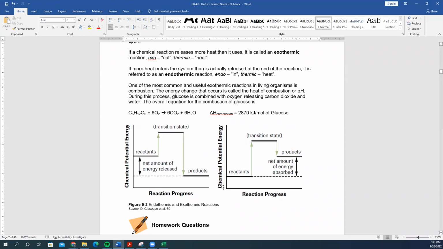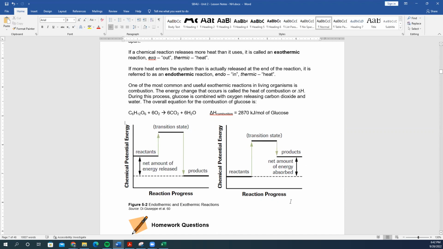So if we look at the endothermic and the exothermic reaction in this type of diagram, and these are called energy diagrams, on the vertical axis we have the chemical potential energy displayed, and on the horizontal axis we have the reaction progress. So from the start to the finish, or in other words, from reactants who undergo some sort of a transition state and then finish off at the products. Again, on this panel, reactants towards products.